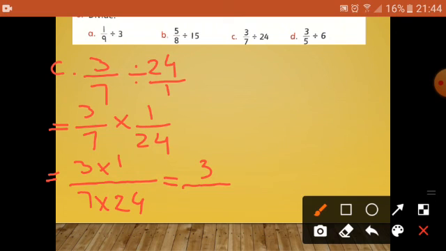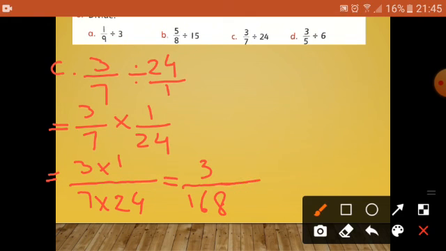At this moment sometimes students start thinking that this is so hard. It's not hard. You don't need to learn the 24 times table. You just need to simply multiply 24 with 7 and you will get your answer, which is 168.